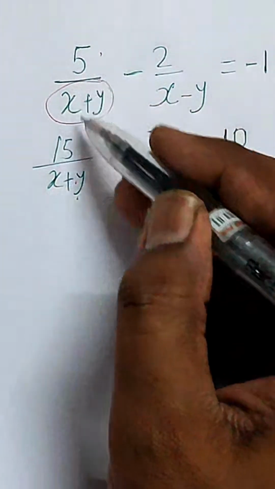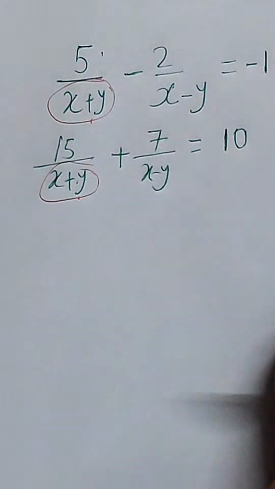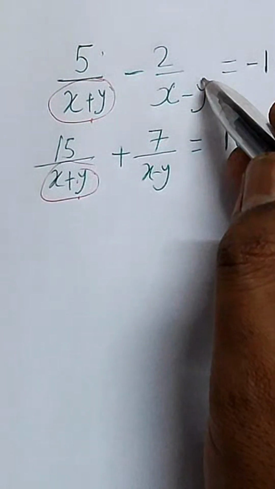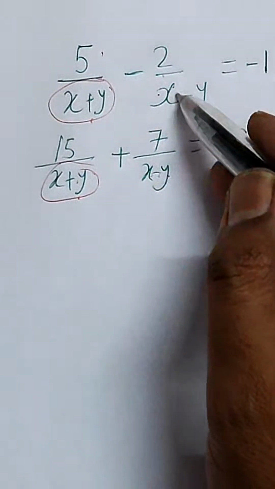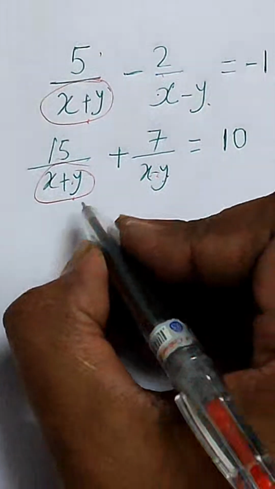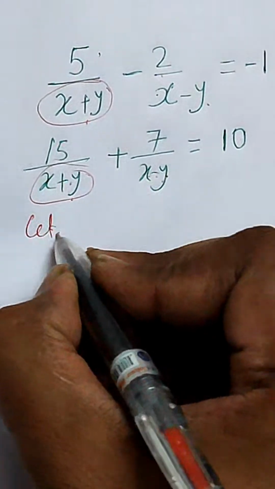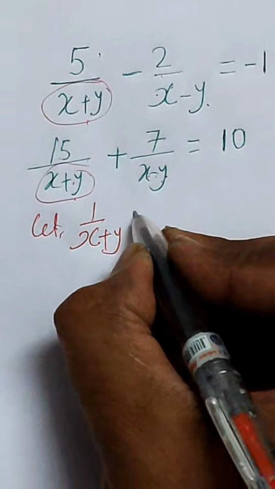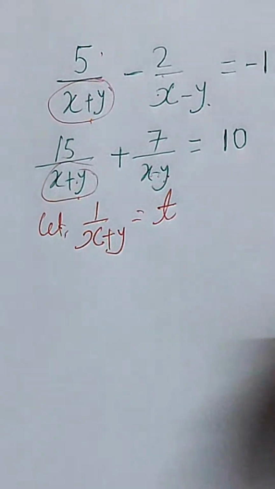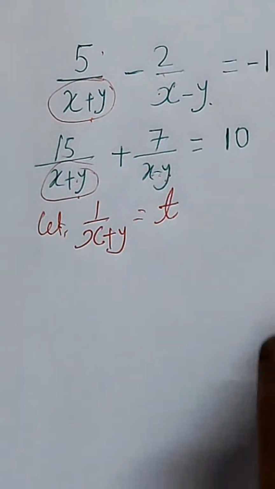So we will be making 1 by x plus y as one of the variables, and here you can see 1 by x minus y and 1 by x minus y into the second term of both the equations, right? So let us assume 1 by x plus y as t, right?